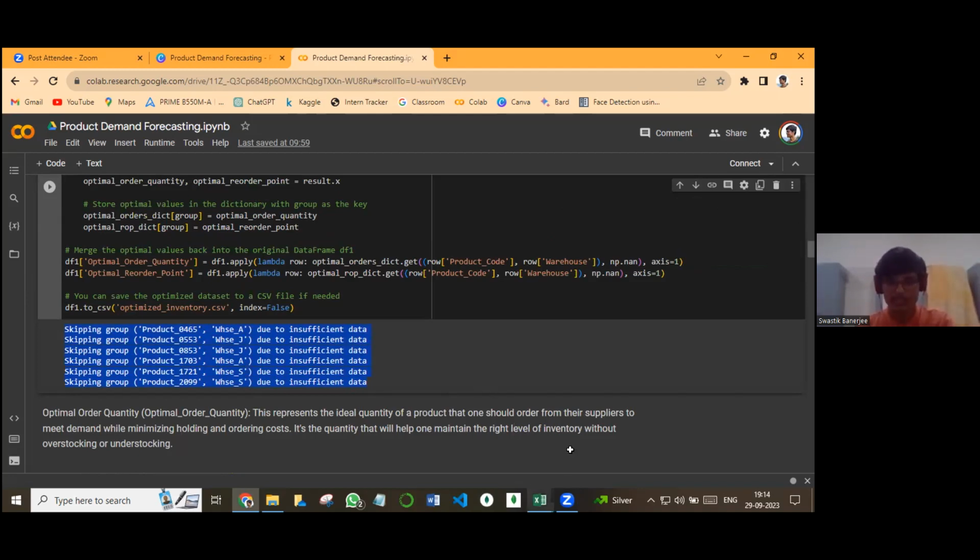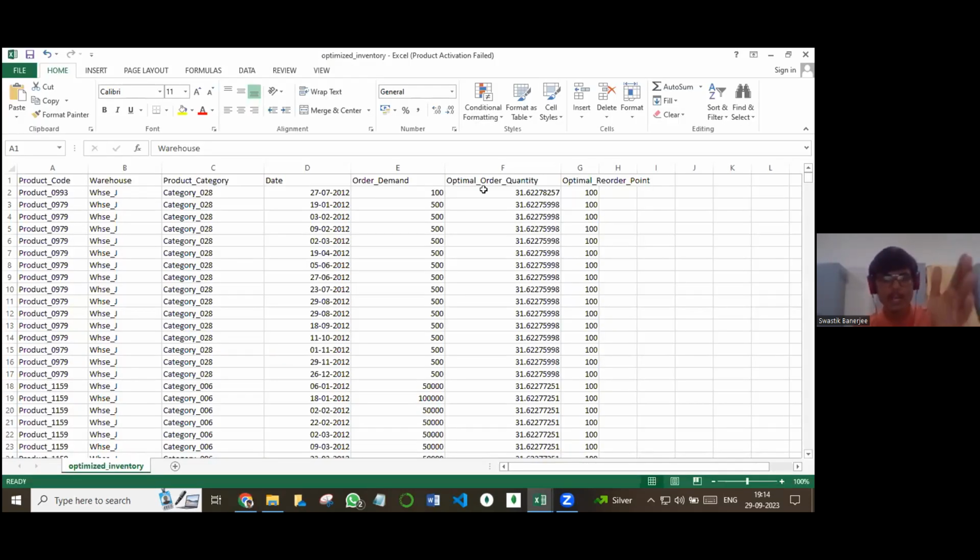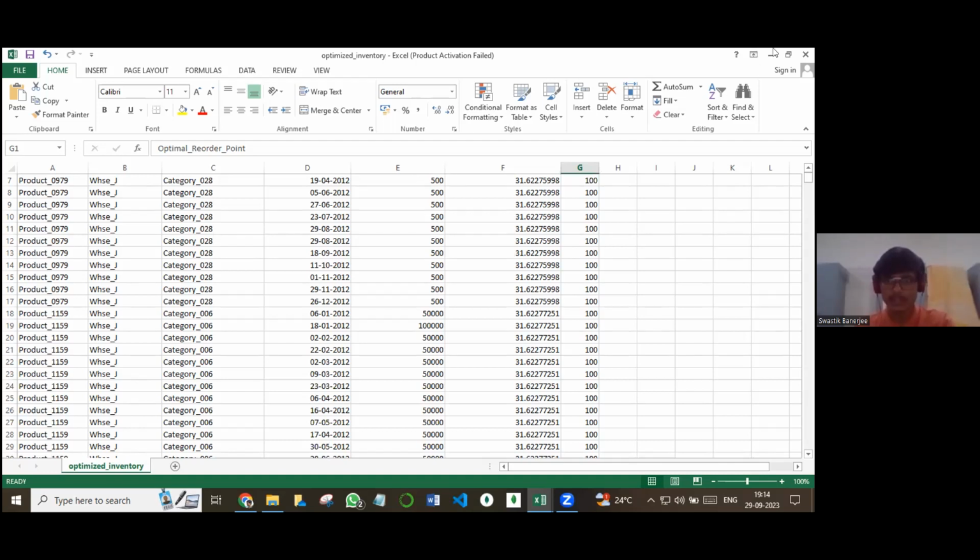After this, we have the same CSV file with 2 columns appended, the optimal order quantity and the optimal reorder point. We have calculated values for each of the records, and this is how we generate the optimized inventory file.